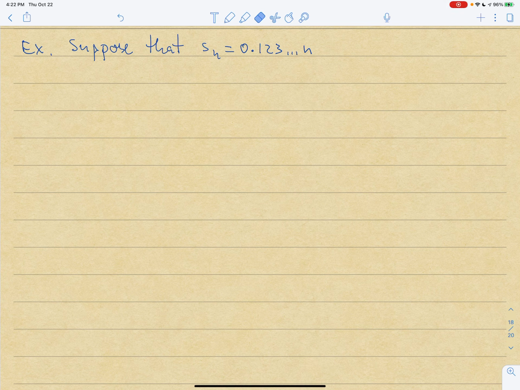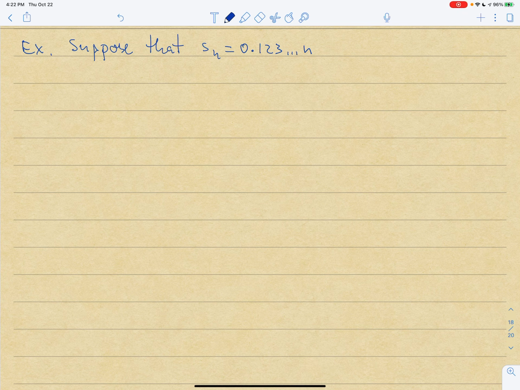All right, so then what do I know? Each Sn is a terminating decimal. So this sequence is a subset of the set of all rational numbers.